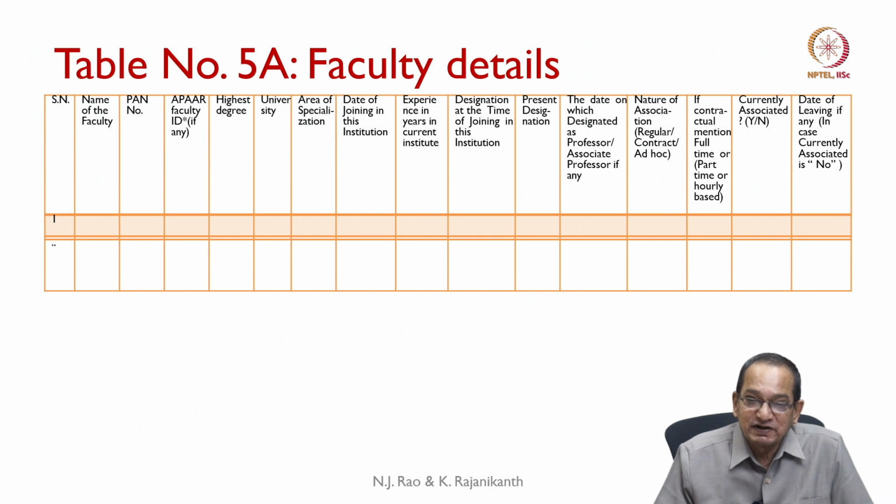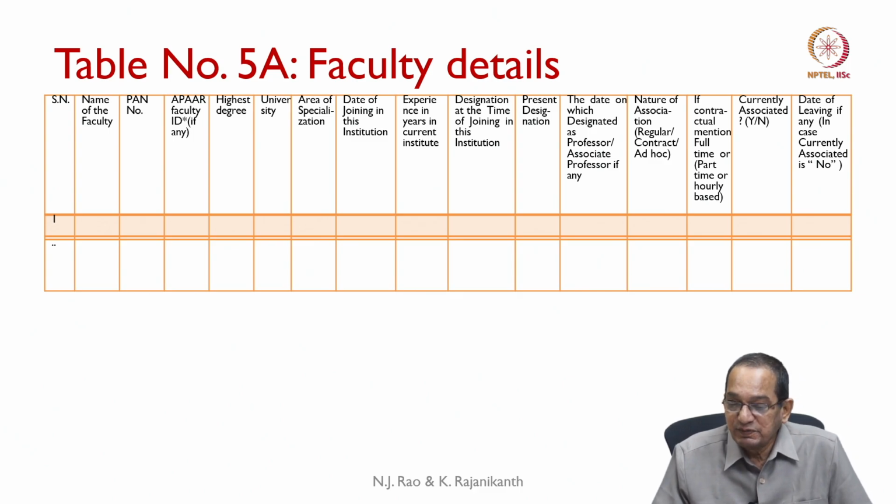That is very important. Hourly basis, we will see presently those guidelines. Hourly basis is normally to be discouraged, but however sometimes it becomes necessary. So, we do appoint on an hourly basis, but it is very important to show that distinction.